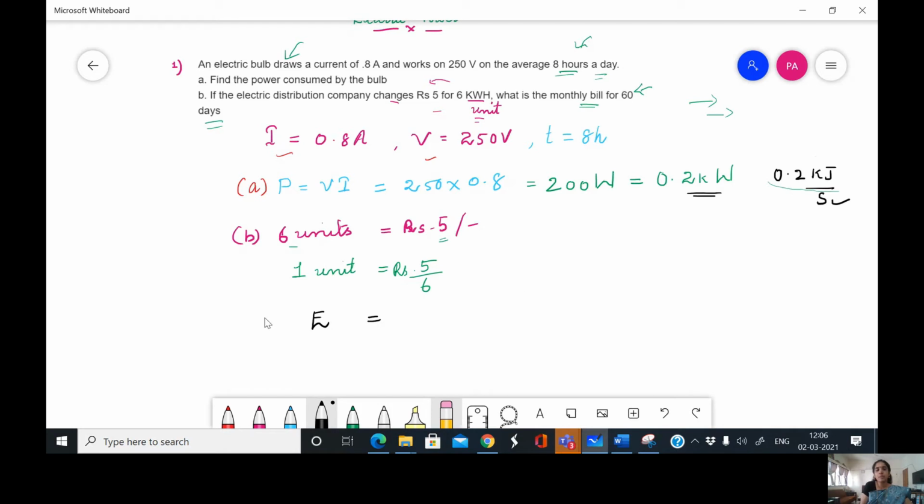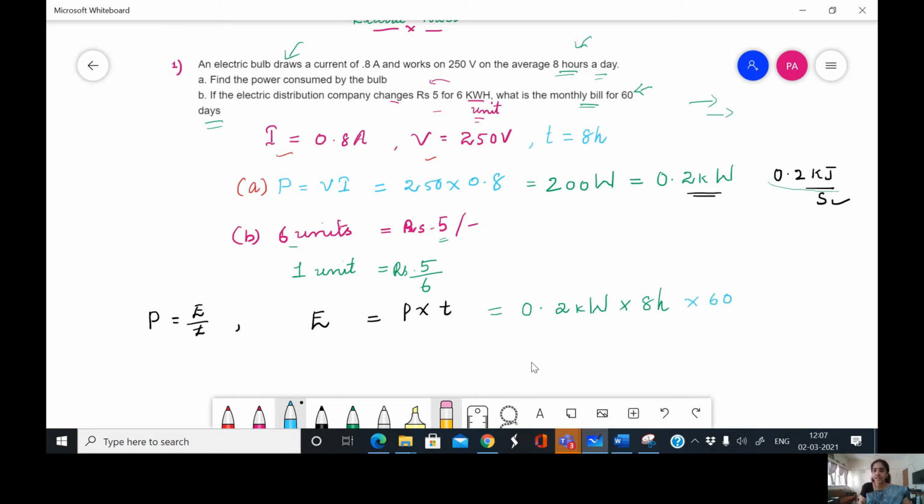So we know the equation for power. Power is equal to E by T. So from this equation we get E is equal to P into T. So how much is the power of the bulb? That we have already calculated, that is 0.2 kilowatt. And we work this bulb for 8 hours, right? And how many days are we burning this bulb before we pay the bill? We burn it for 60 days.